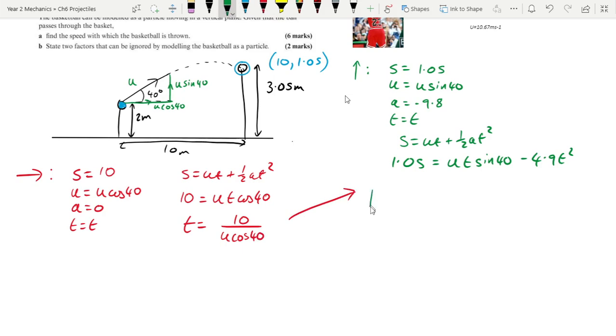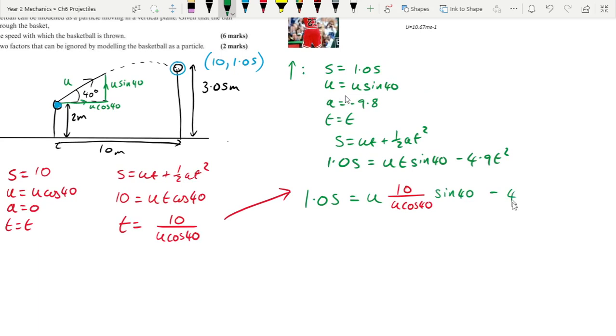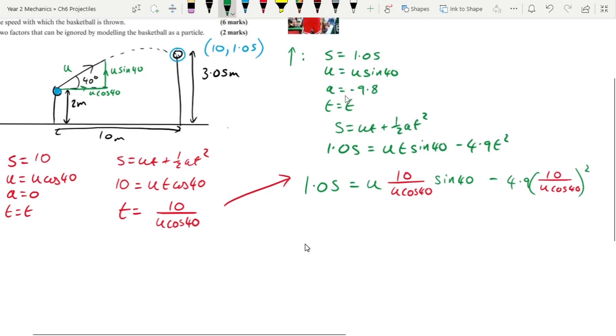So my equation is now 1.05 equals u times t, which is 10 over u cos 40, times sine 40, minus 4.9 times t squared. So 10 over u cos 40 all squared. And now I've got an equation just in terms of u to solve. It's not a particularly nice equation, but we can solve it to find u.